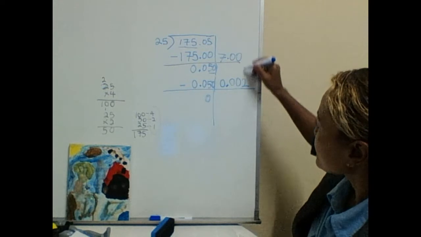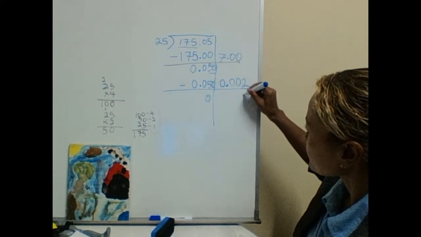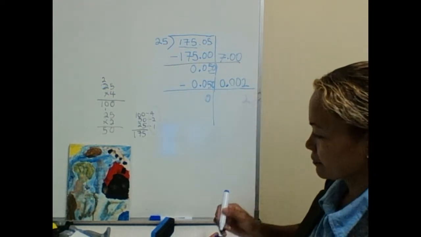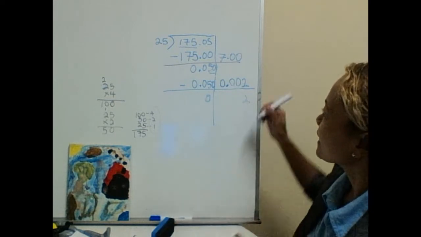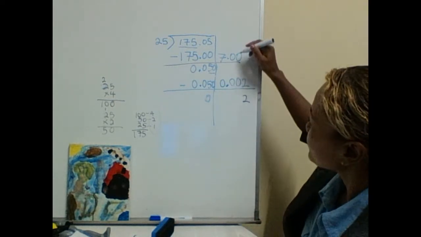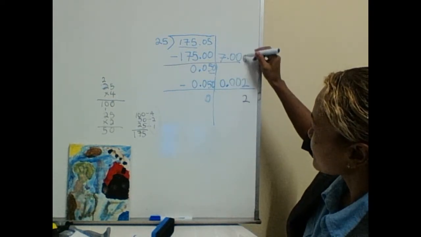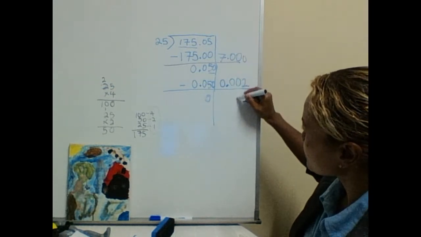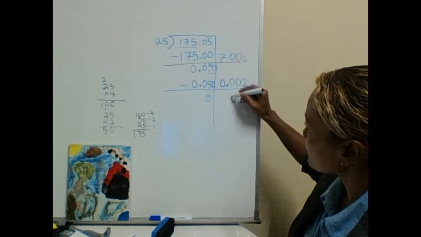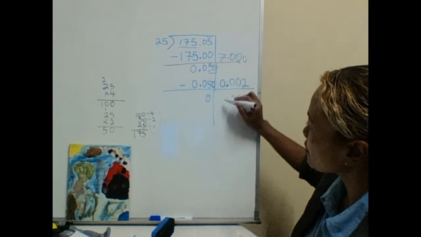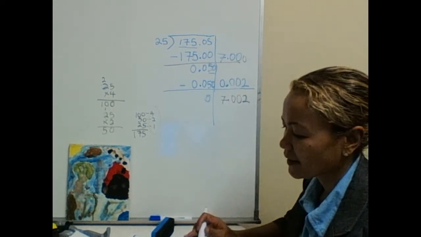You add this, 2, because that was a 0 there. So 0, 0, 0, 0, 0, 0, 0.007.